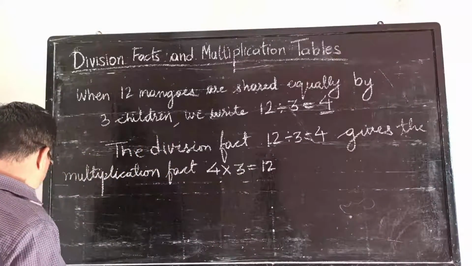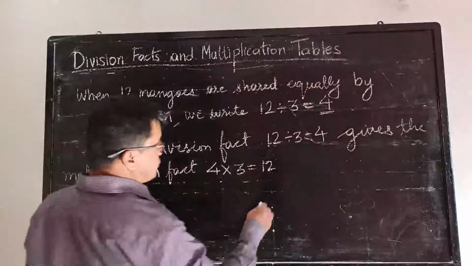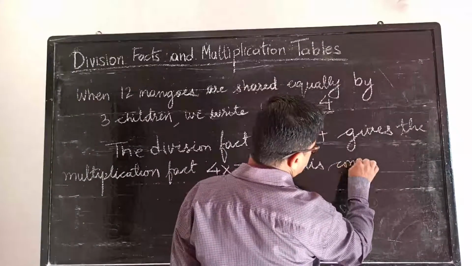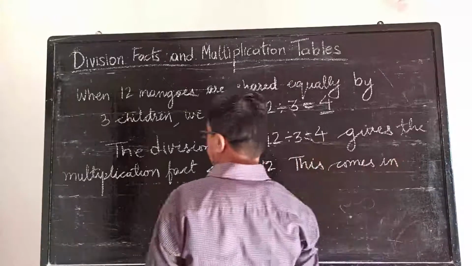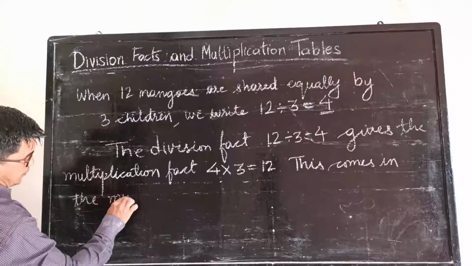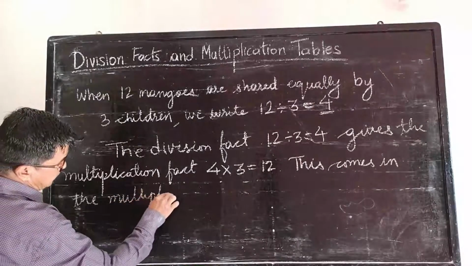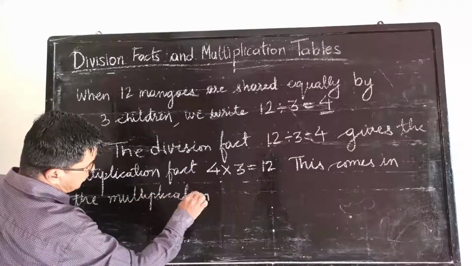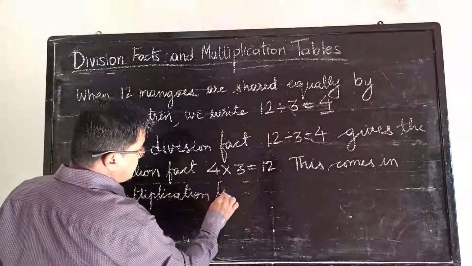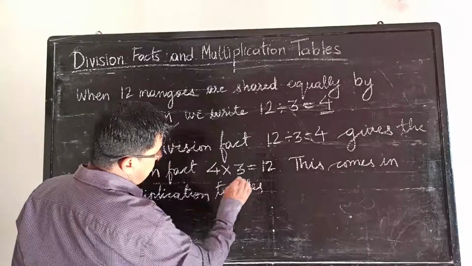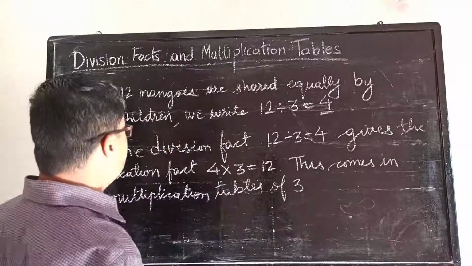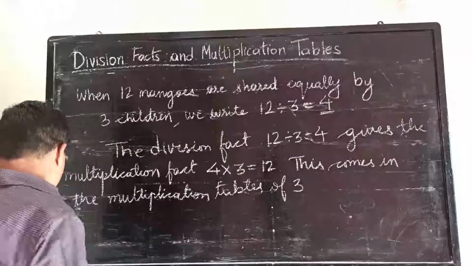This comes in the multiplication table of 3. So we know that 4 3s are 12.